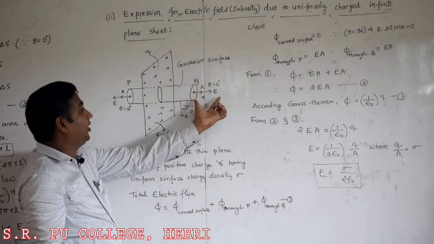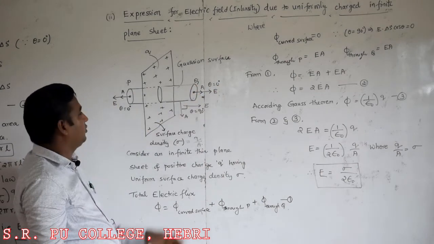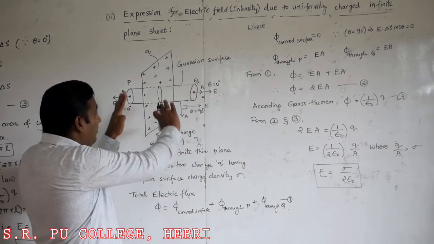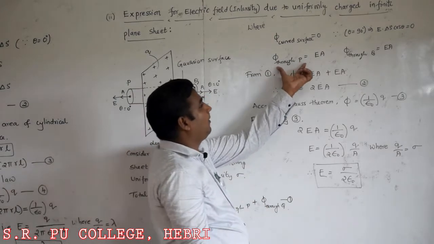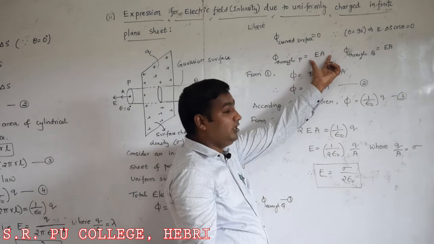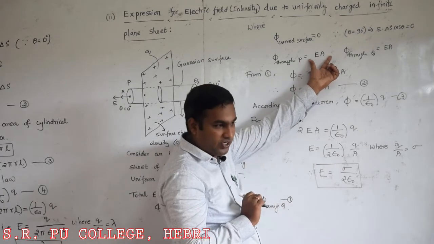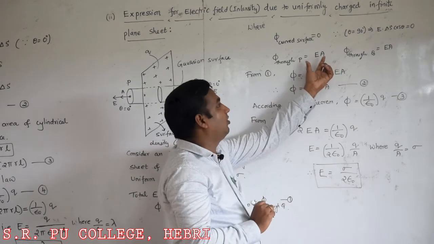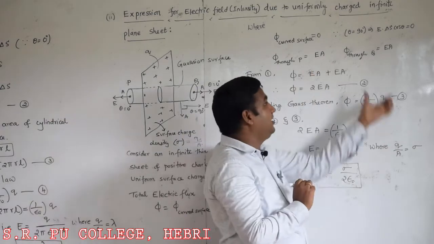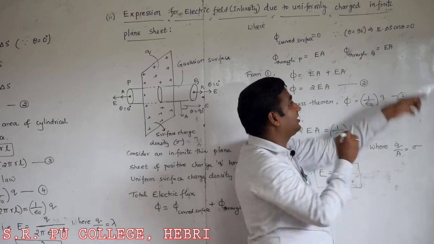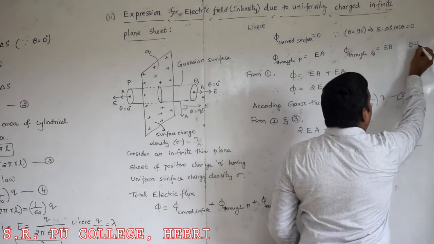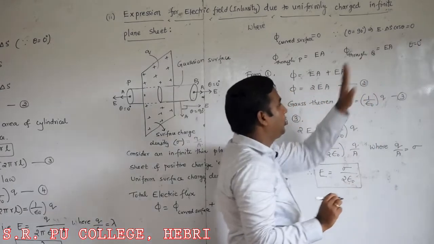Automatically the angle between E and area vector is 0 at both ends P and Q. Flux through P is equal to E A cos theta, where theta is 0, so we get E into A. Similarly, flux through Q is E A cos theta, where theta is 0, so flux is equal to E into A.